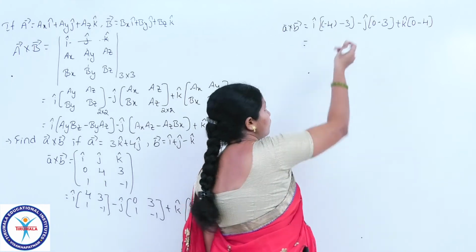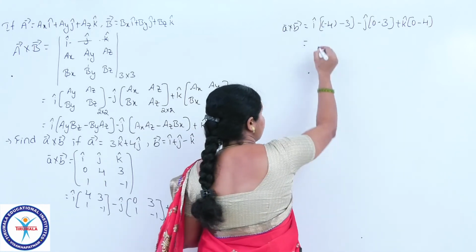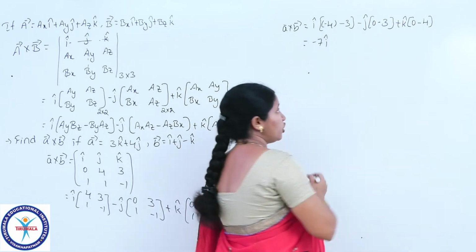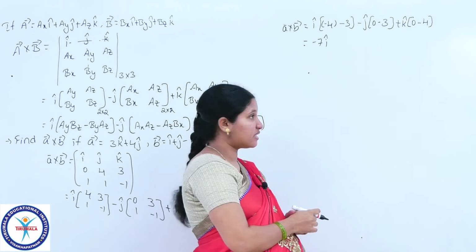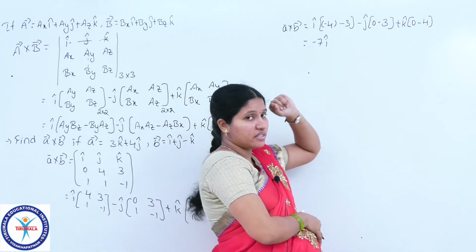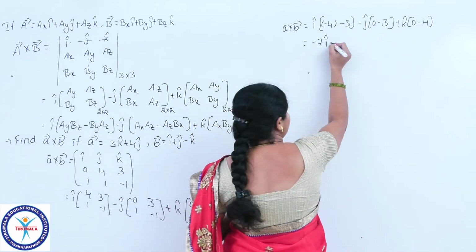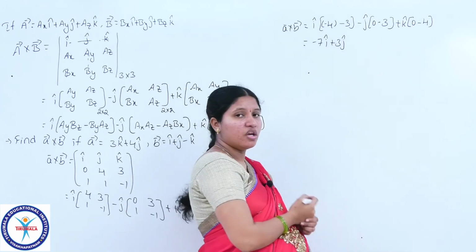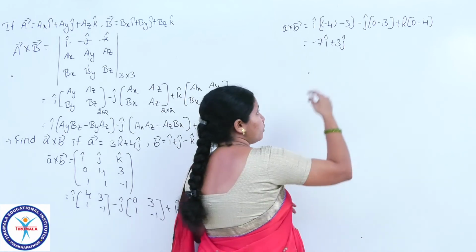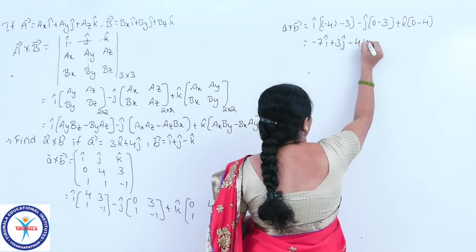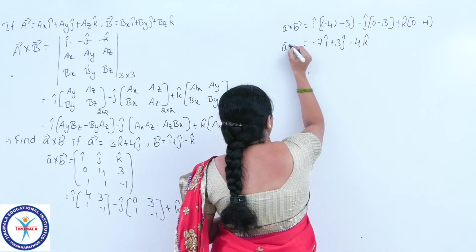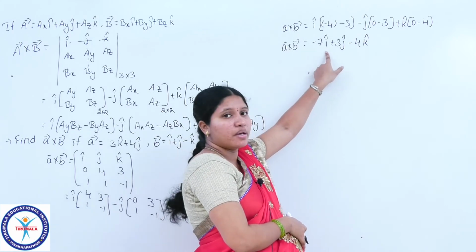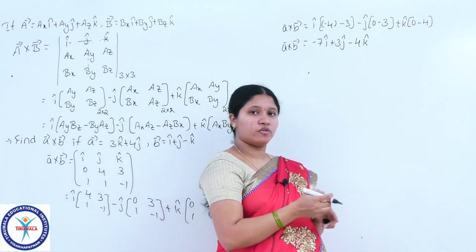So, minus 4 minus 3 gives you minus 7 I cap, and here we are having 0 minus 3 which gives us minus 3, minus 3 into minus gives us plus, so minus I plus 3j cap, and we are having 0 minus 4 which gives us minus 4, plus into minus is minus, so minus 4k cap. So, a bar cross b bar is equal to minus I cap plus 3j cap minus 4k cap.